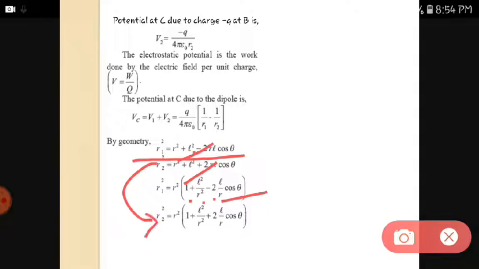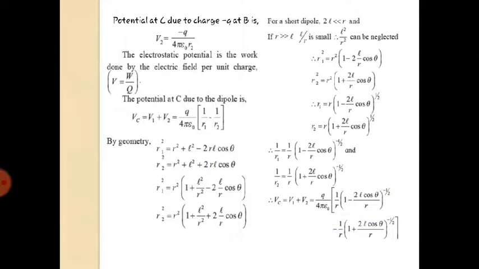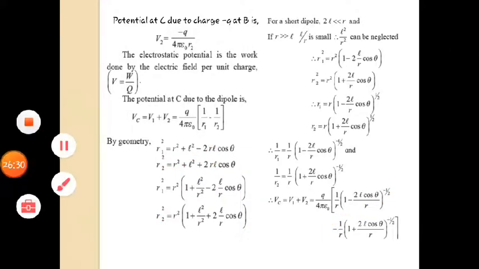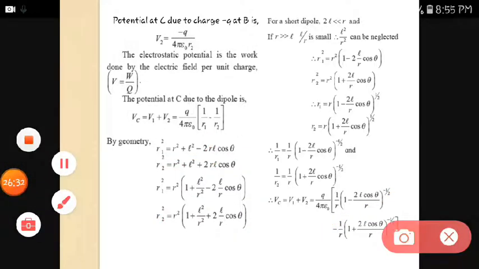Similar for R2, R square into bracket 1 plus 2L by R cos theta. Now we want the values for R1 and R2 only, not R1 square and R2 square. So we have to take the square root of both of these terms. By taking the square root of both of these terms, we are getting like this.